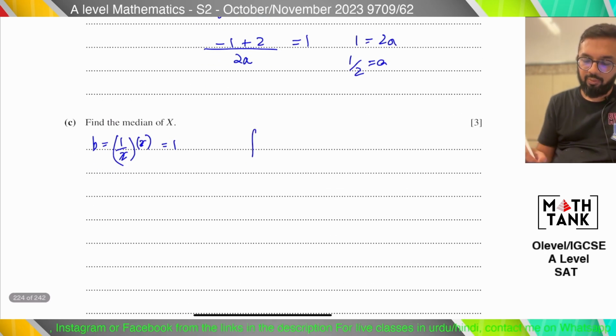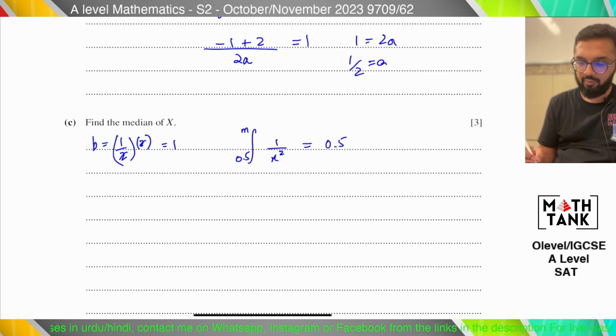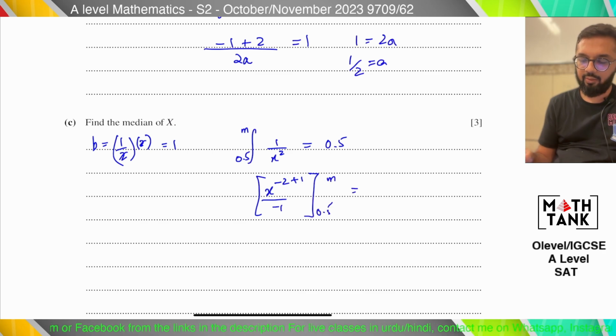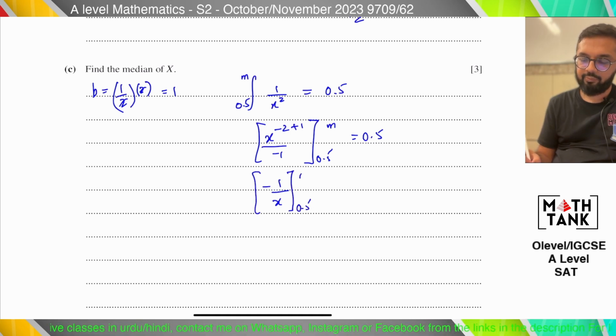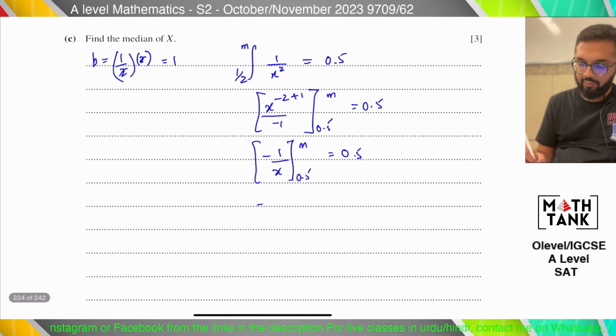So for the median, I'm going to say that I want to integrate from 0.5 to m, 1 over x squared, and I want a probability of 0.5. So x to the power minus 2 plus 1 over minus 1. This is a simple question, I think. Minus 1 over x. This is basically half, if you're getting confused. It's the value for a.